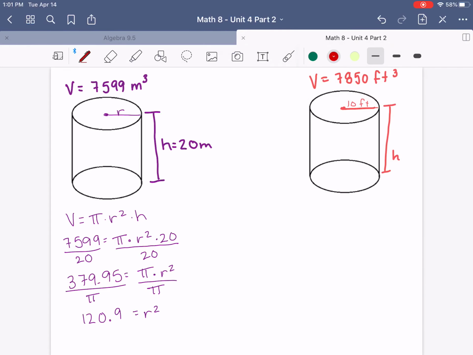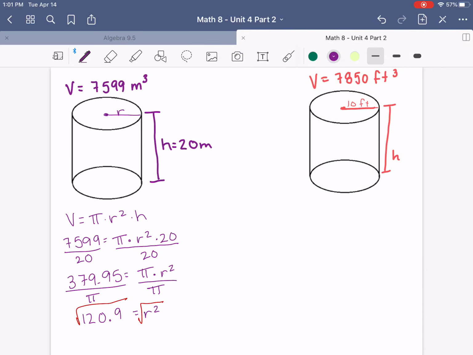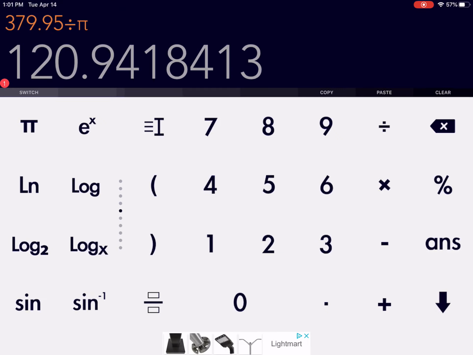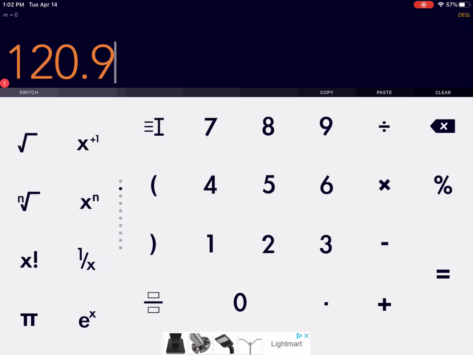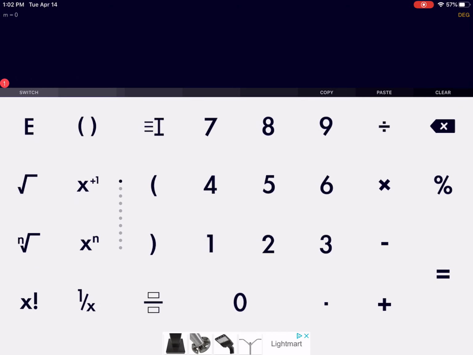So what we need to do is get the square root of both sides to give us the radius. And so our radius, I can go back here, and 120.9, square root. Oh, I need to do the square root first. Got it.